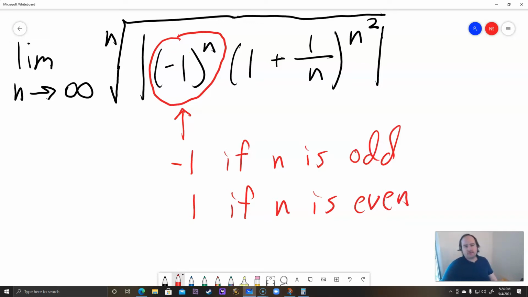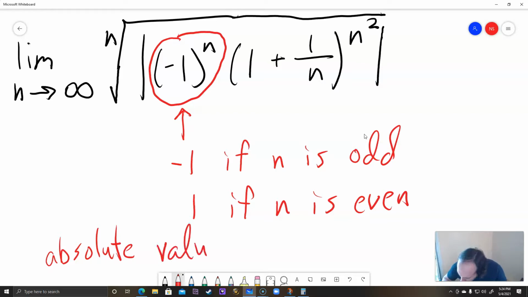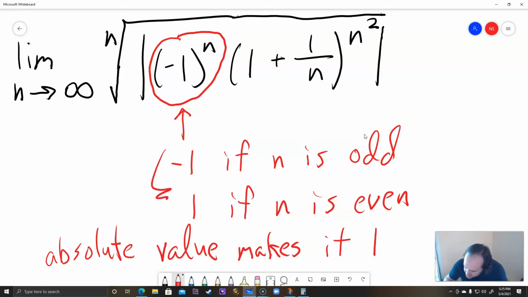But what this absolute value does is if it's negative 1, it makes it positive 1, and if it's positive 1, it stays positive. So the absolute value is going to make it positive either way. And so what that means is we don't even need this negative 1 to the n, because the absolute value makes it 1 in either case.